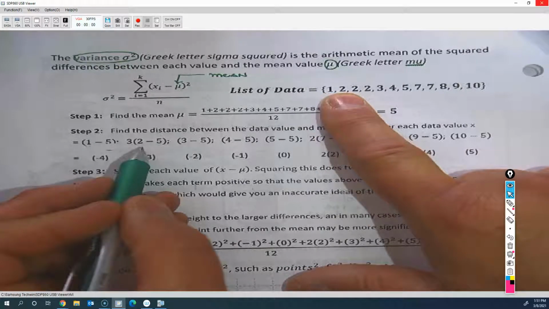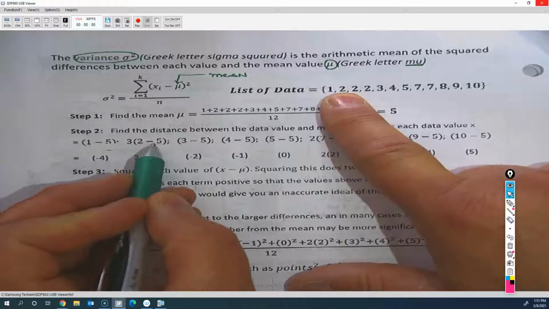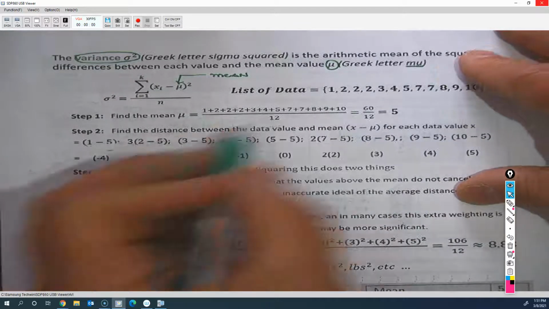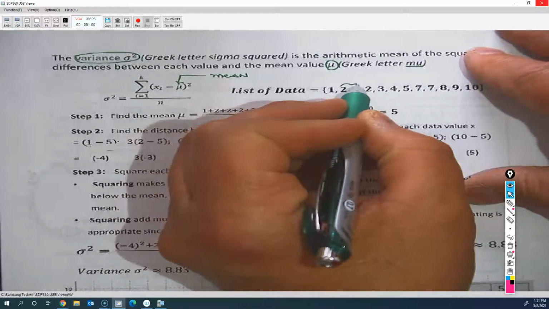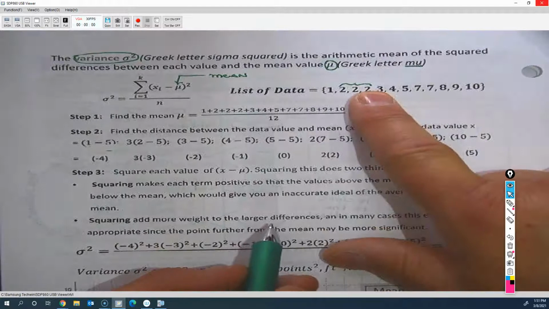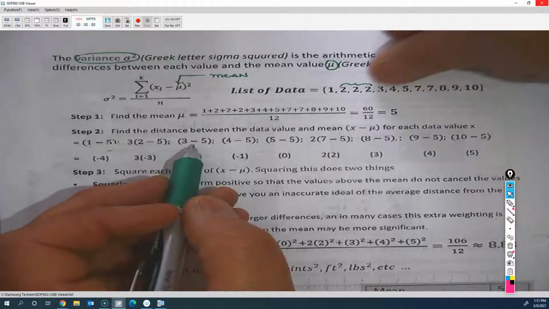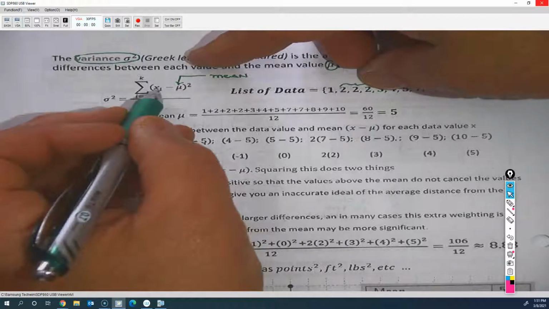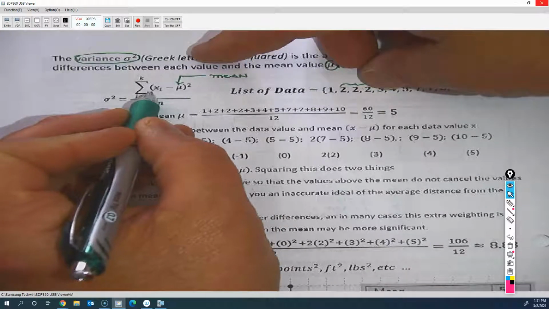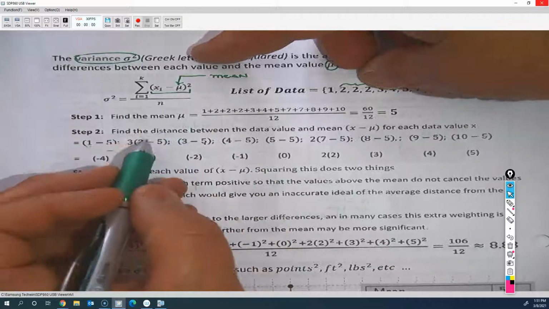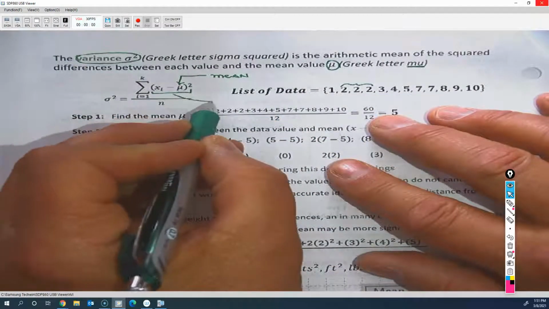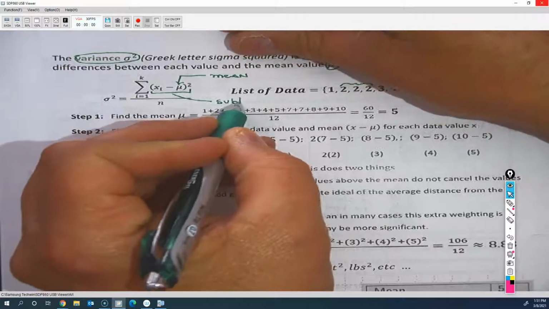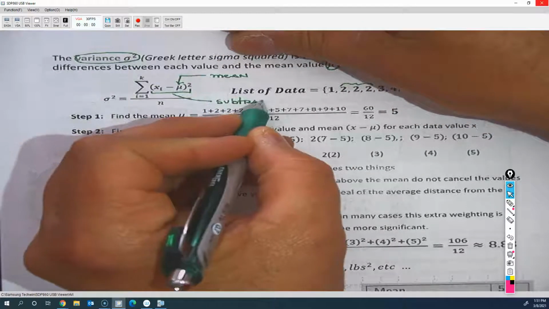So I did that. I took 2 and I subtracted the average. Now the reason I multiplied it by 3 is because there's 3 2s. Then I took 3, subtracted the average. So what this is telling you is subtract the mean from each number in your list.